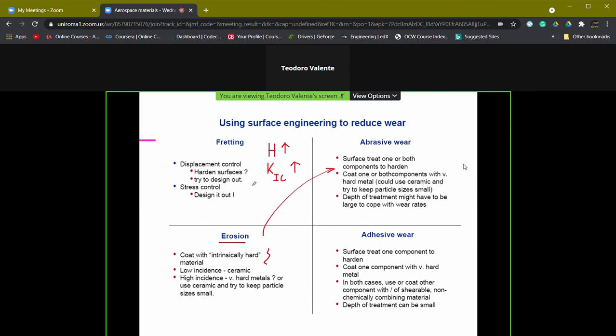So for these reasons, you will meet in many applications the solution to reduce tribology problems, to reduce abrasive, adhesive, or erosion-based wear, by referring to CERMET materials, a class of materials that we have already discussed when we were speaking about surface engineering methods.